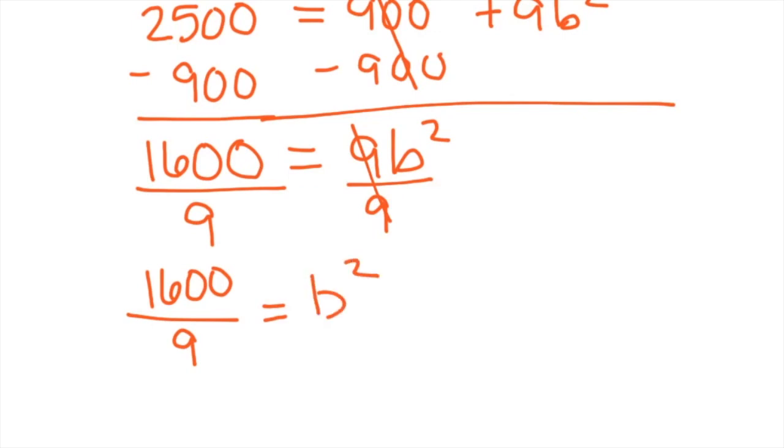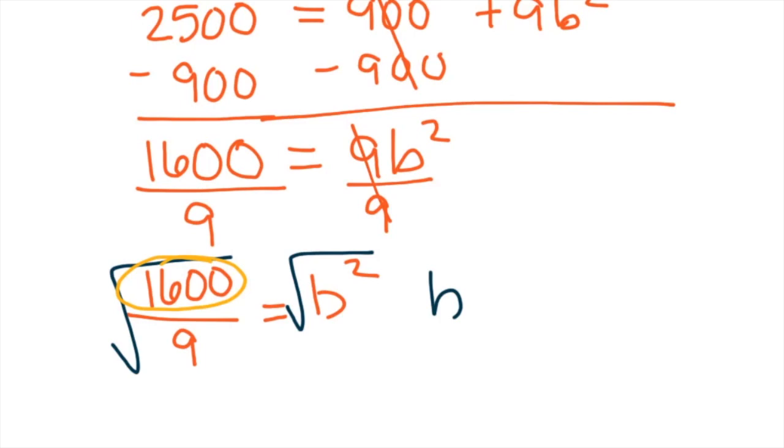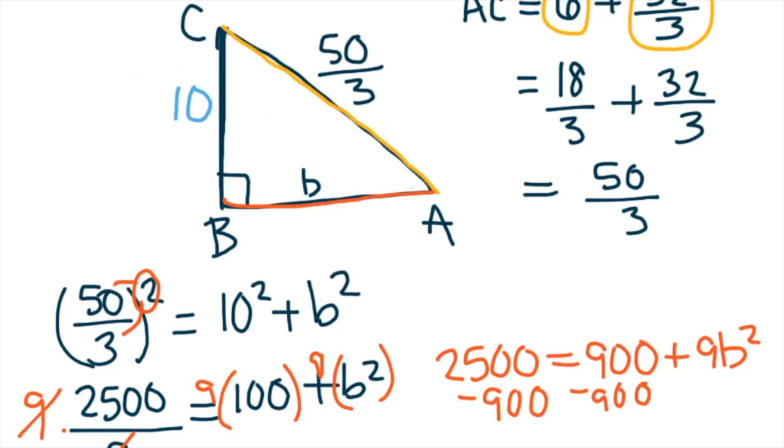So now we have to take the square root of both sides to get our final answer. So the square root of 1,600 in the numerator is 40. The square root of 9 in the denominator is 3. So the length of segment AB is 40/3.